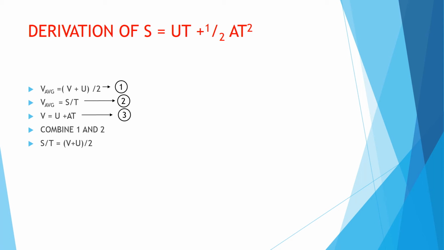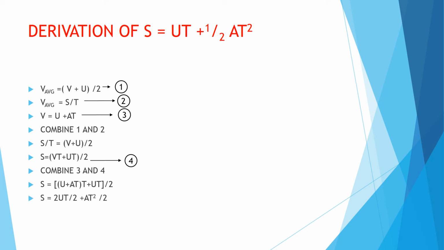If you take t to the other side, then it will come s is equal to vt plus ut by 2. Combining equation 3 and equation 4, we get s is equal to (u plus at) into t plus ut by 2. If we simplify, then s is equal to 2ut by 2 plus at square by 2. 2 and 2 will get cancelled and it will come s is equal to ut plus half at square.